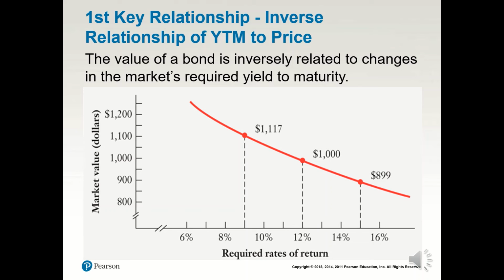The value of a bond is inversely related to changes in the market's required yield to maturity. We've talked about this several times, but as the market's required rates of return increase, the market values of the bond decreases. That's to adjust for the non-changing cash flows of coupon payments and the par value.